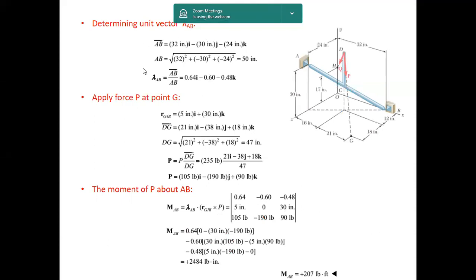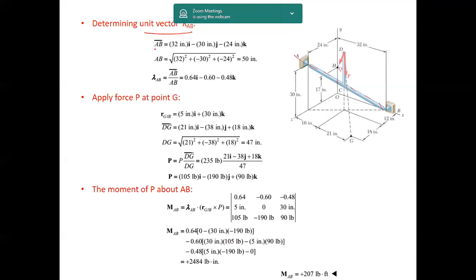So the procedure is like this. You first determine the unit vector AB, which is the unit vector of the given axis. This is the axis that you want to calculate the moment about.